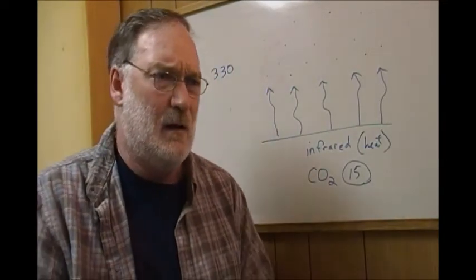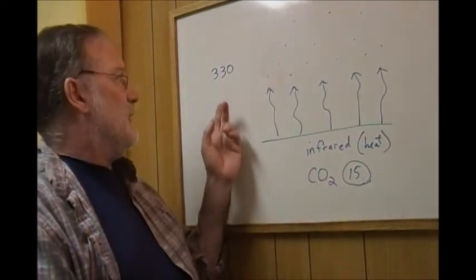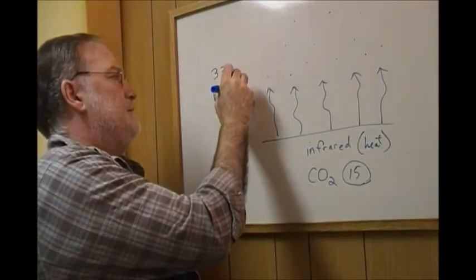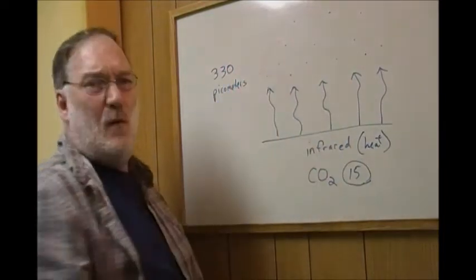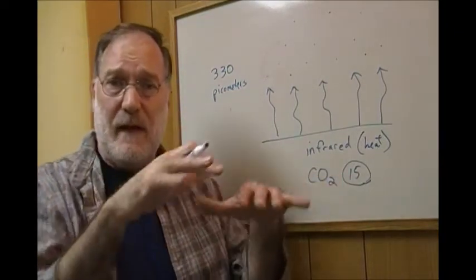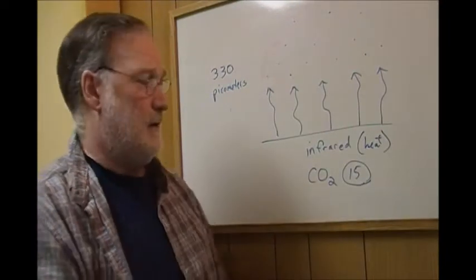All right, pico is a very small fraction of a meter. All right, so 330 picometers is the diameter of one of these molecules. And so how many molecules would it take to completely overshadow 1 square meter of the earth?